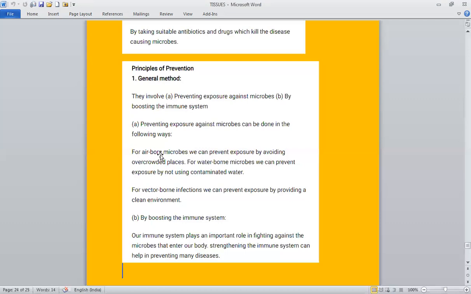For airborne diseases, we can prevent exposure by avoiding overcrowded places. For waterborne diseases, we can prevent exposure by not using contaminated water. For vector-borne infections, we can prevent exposure by providing a clean environment and better living conditions which are not overcrowded, and by drinking safe, pure, clean water.